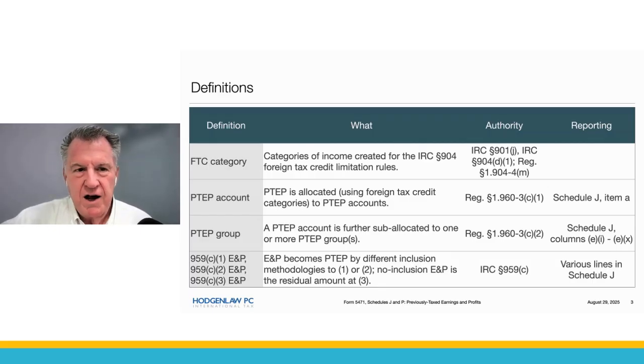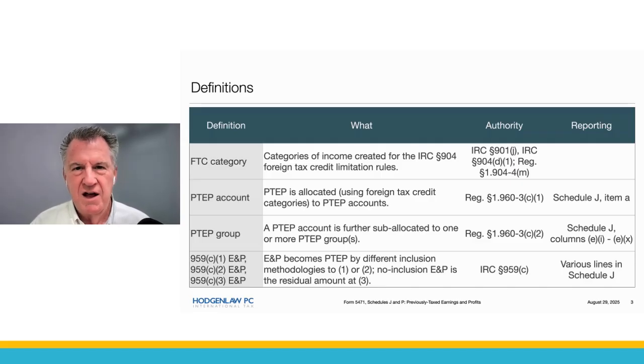First thing is foreign tax credit. We call those pools, I do it too, so it's not like I'm holier than thou, but in the code you'll see they're called categories. So, foreign tax credit categories. Now, once you get on to previously taxed earnings and profits, you have to slice and dice what you've calculated as earnings and profits, and then determined as previously taxed earnings and profits.